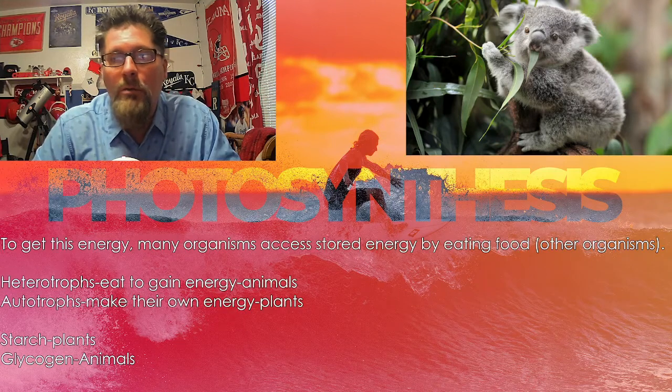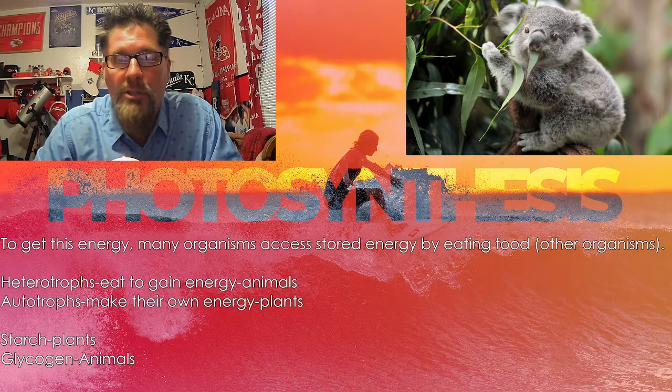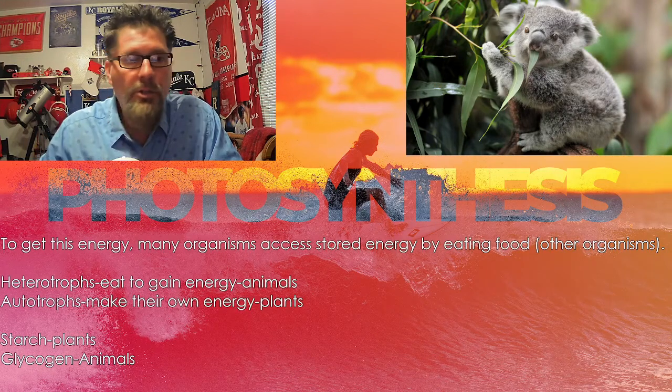The animal, the koala bear, is a heterotroph, has to eat to gain energy. And of course, something we talked about way back in chapter 3, macromolecules, the idea that plants store these glucose molecules as starch, and we store them as glycogen. It's essentially the same thing. It's just each of the different types of organism needs a little bit different structure in the sugar storage.